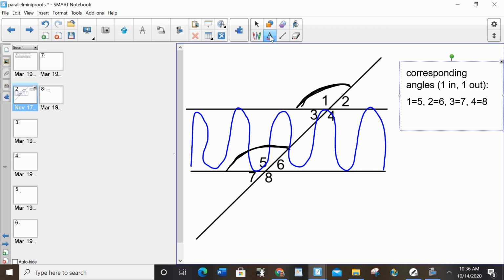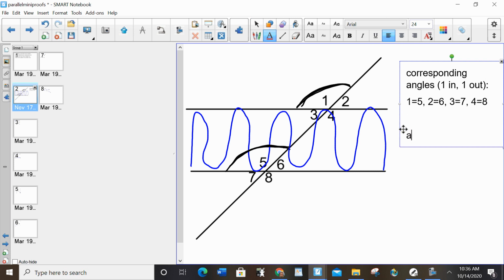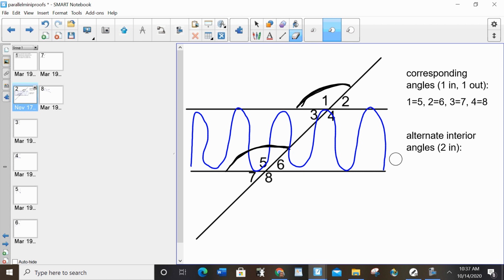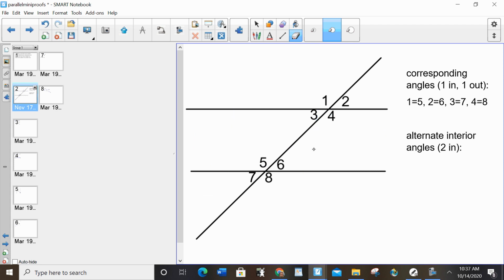Next, let's talk about alternate interior angles. And alternate interior angles are always 2 in. So let's break down that phrase. Interior means inside.